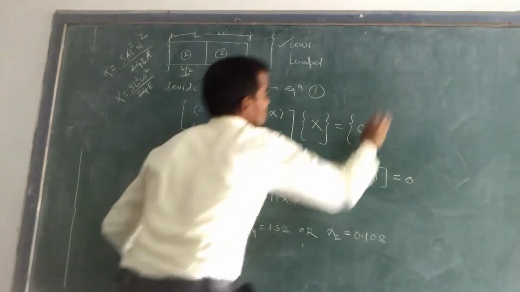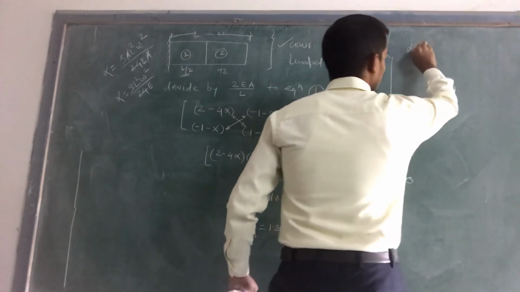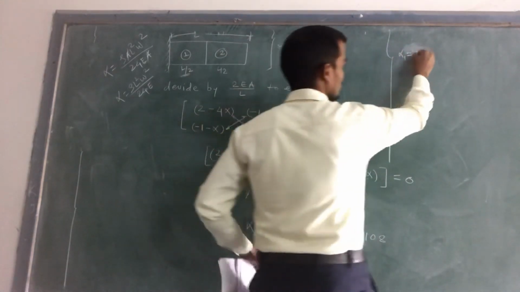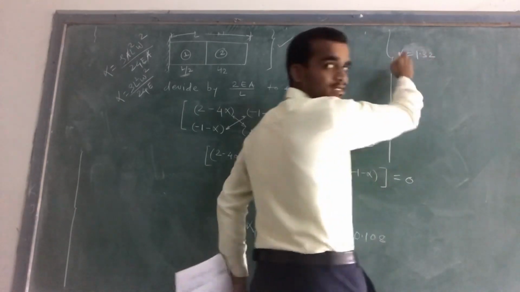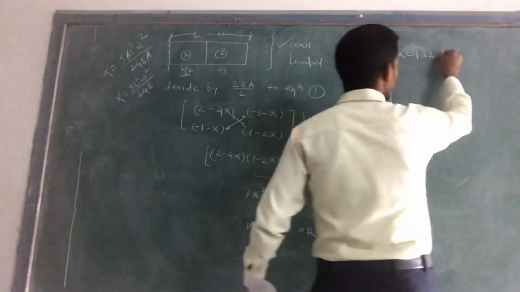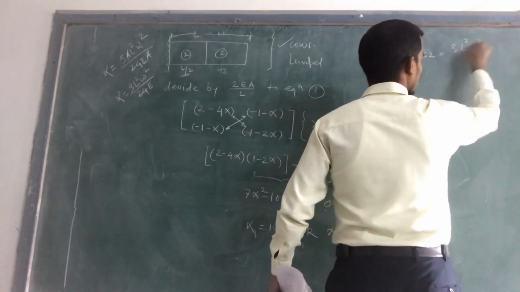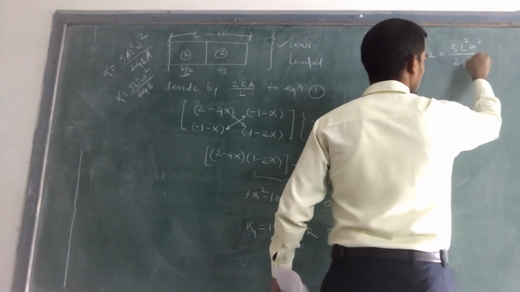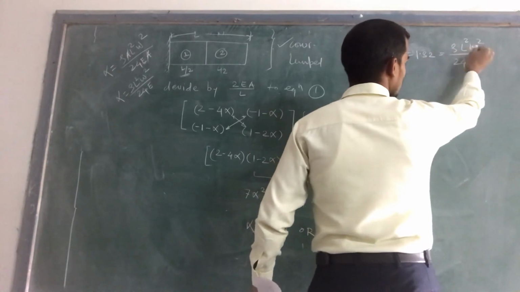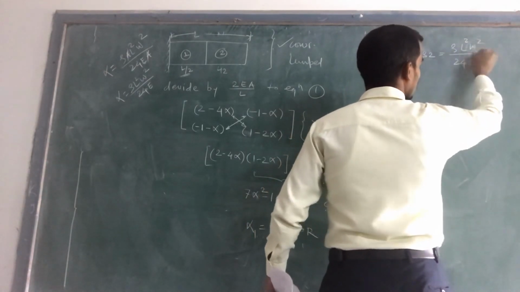As we know, alpha 1 is equal to 1.32, but alpha 1 is nothing but rho into L square into omega square divided by 24 times E. So all the values are known. Density is known, length is known, E is also given. Only the unknown is omega square.